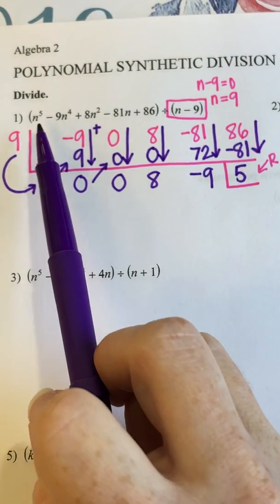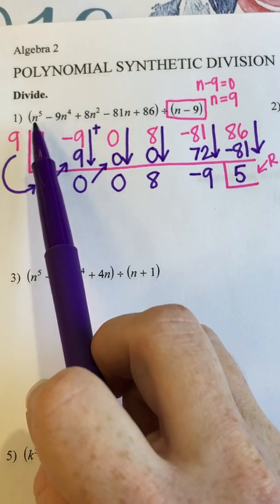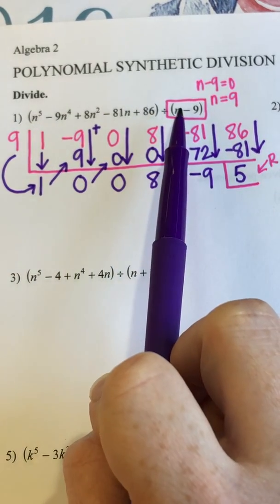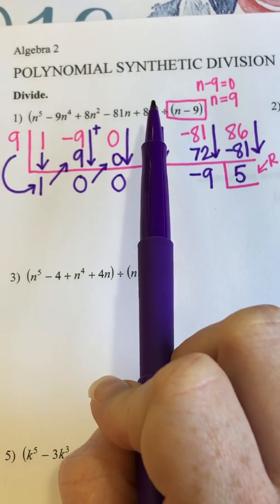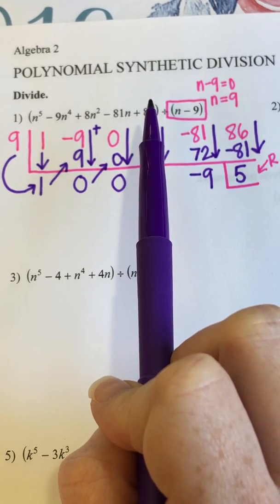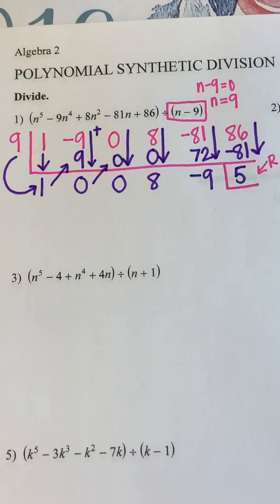But before I do this, I started out with n to the 5th, and I divided out n. What is n to the 5th power divided by n? N to the what power?